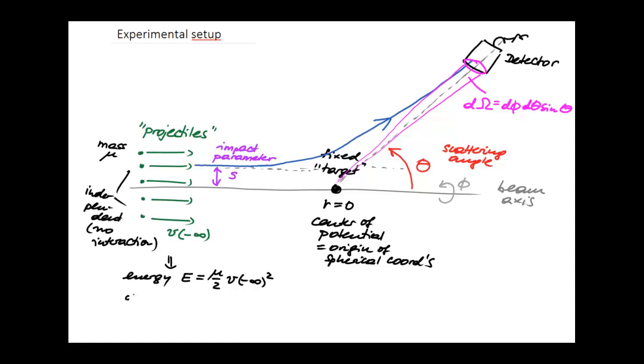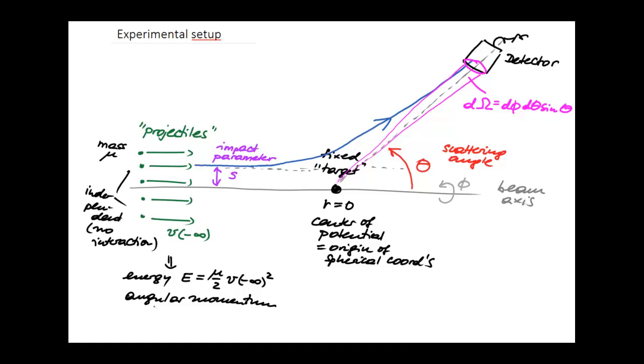And they have angular momentum. Angular momentum is always defined with respect to a reference point. So here it is defined with respect to the origin, where the center of the potential is.